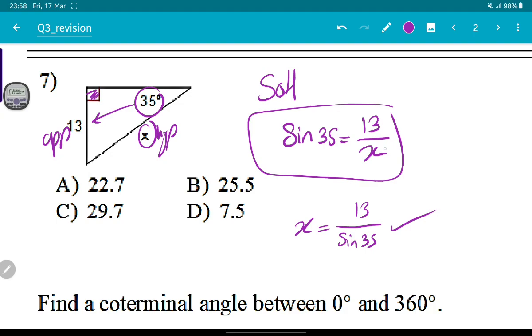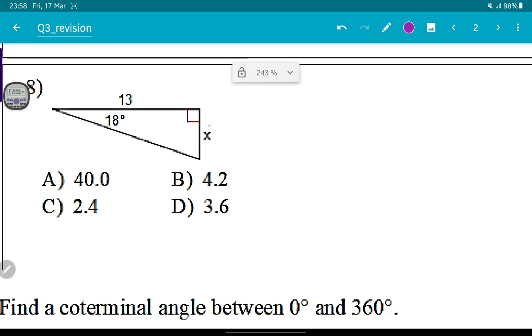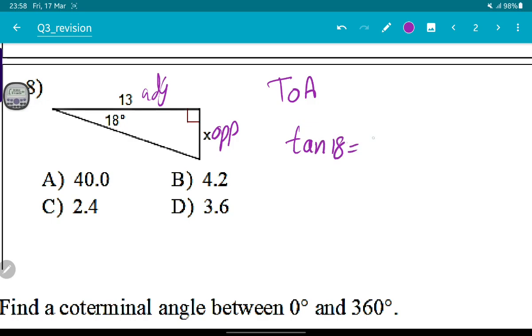But if the x was in the numerator, you can multiply, like the next one. This is the opposite and this is the adjacent, so it's TOA, and in this case tan 18 equals x over 13. In this case, you can multiply 13 with tan 18.